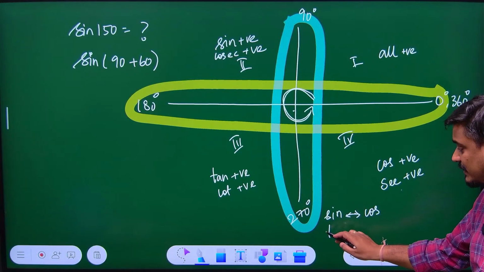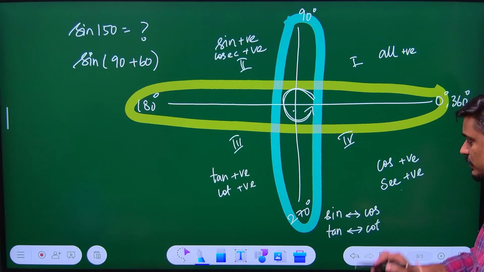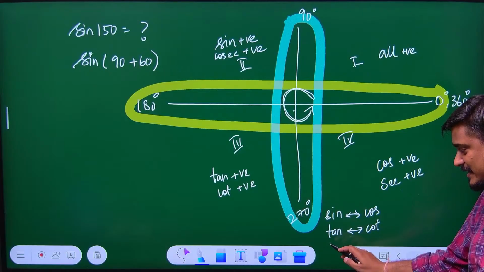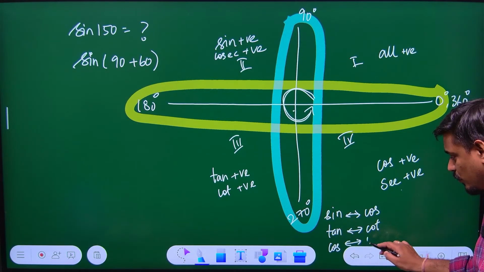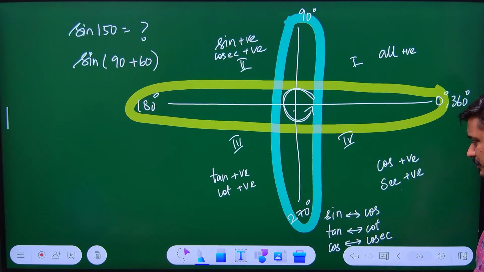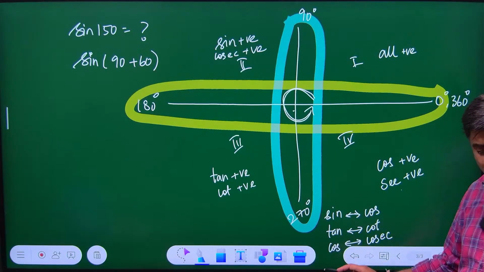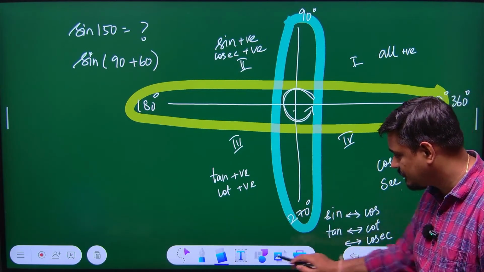It changes tan to cot and cot to tan, and what is remaining? Sec to cosec and cosec to sec.